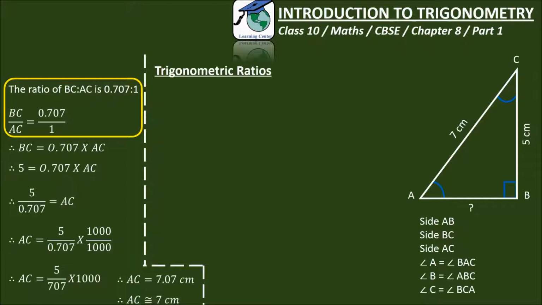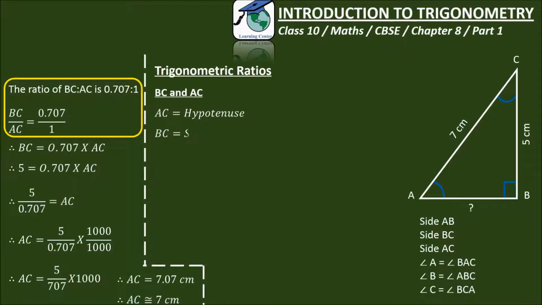Let us closely look at this ratio BC is to AC. Here we have BC and AC. What is AC? AC is nothing but hypotenuse. What is BC? Look here in this triangle. Can I say BC is a side which is opposite to angle A?